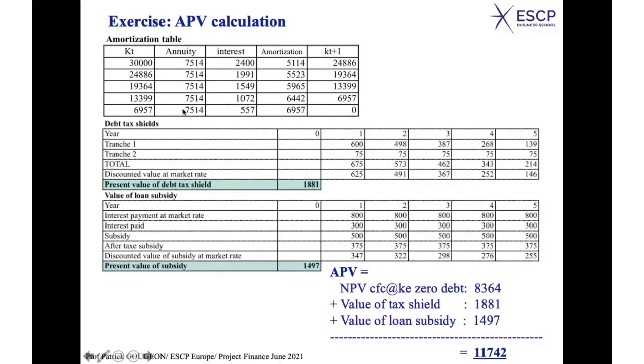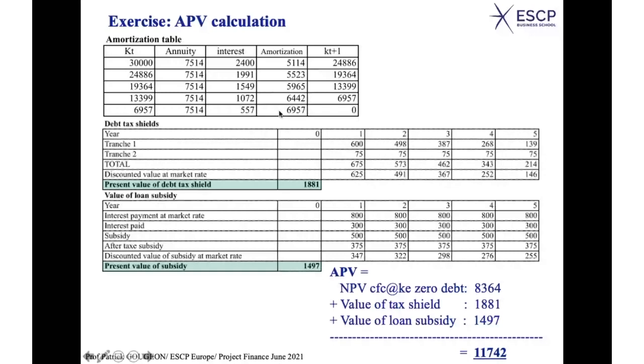Here you have the interest which is 8% of the amount of the debt at the beginning of the period. If you take out the interest payment from the annuity, this is the amortization, and this is the level of debt at the beginning of the second year, and so on. So at the end, you have zero debt left, indeed, and you have a decreasing cost of interest, and you have an increasing amortization part.